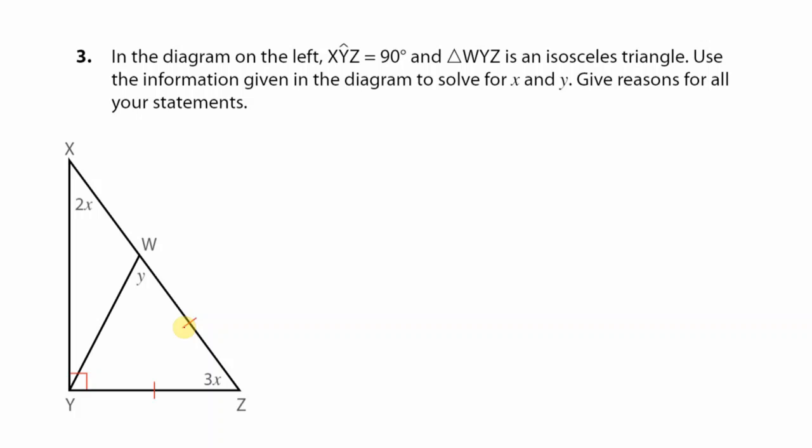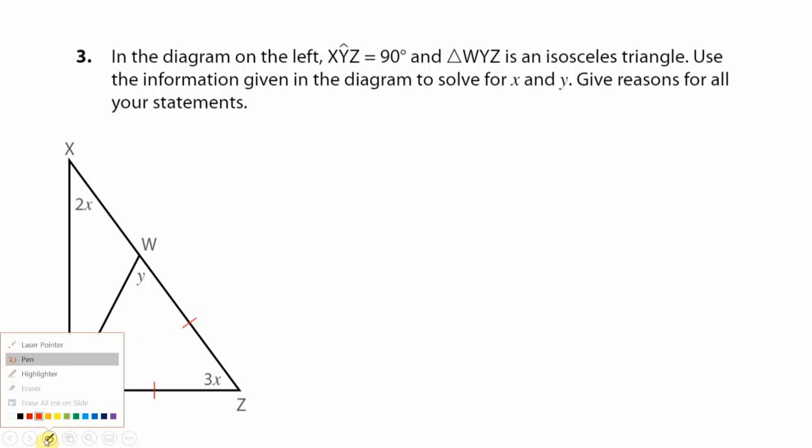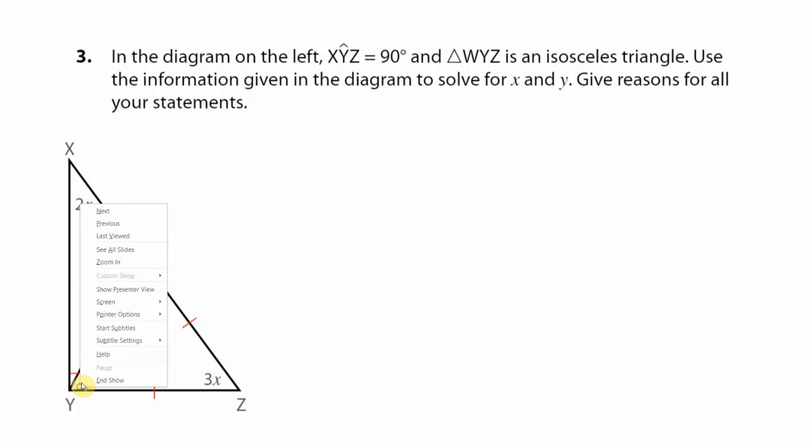So remember, there's a direct relationship between side lengths and angle sizes. So if this side is opposite this angle here, okay, in fact, use a different color pen and just draw this blue.